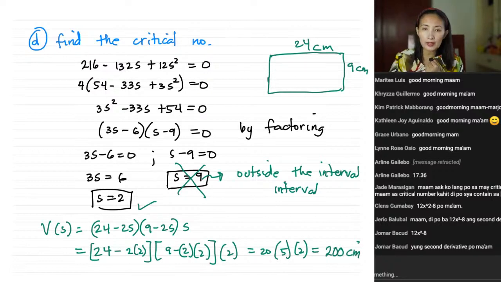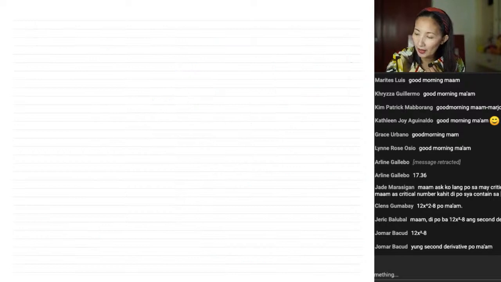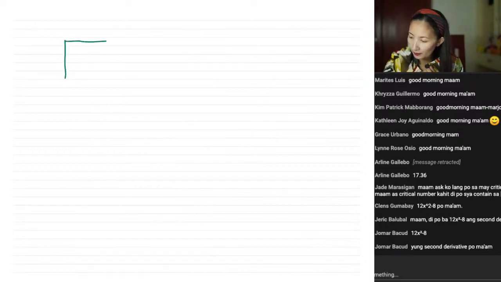Okay, we answered the problem. 200 cubic centimeters. So if we cut out a square in which the side is 2, what will be the dimensions of the box?